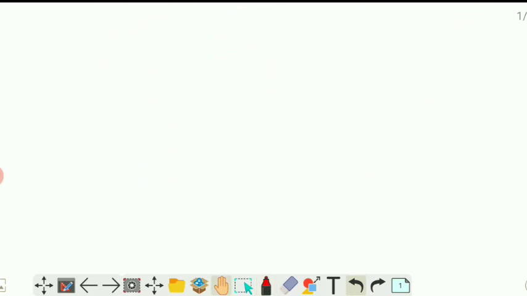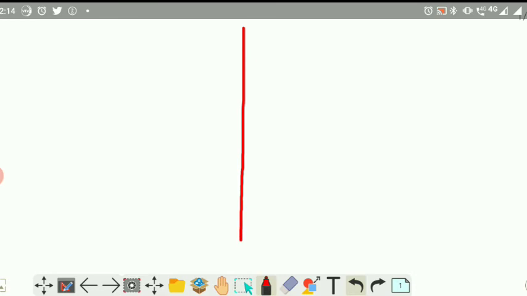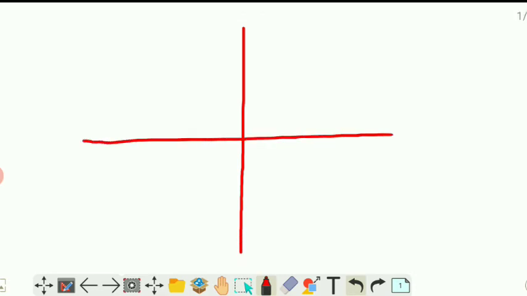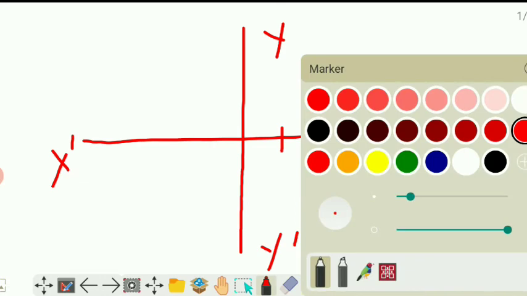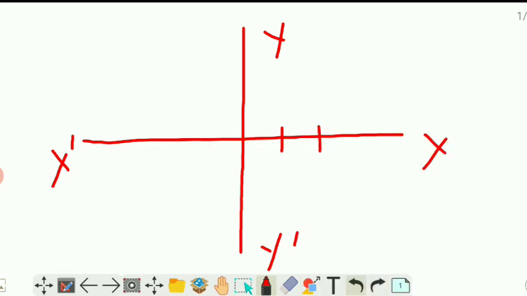So again we will draw a graph for the coordinate 0 comma 3. X axis, x dash, y and y dash. Mark the points 1 2 3 4, minus 1 minus 2 minus 3 minus 4, 1 2 3, minus 1 minus 2 minus 3.